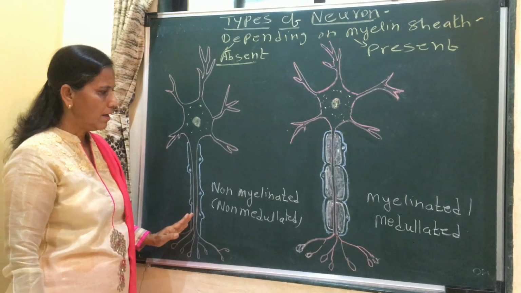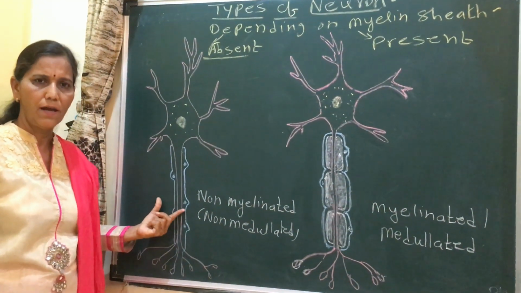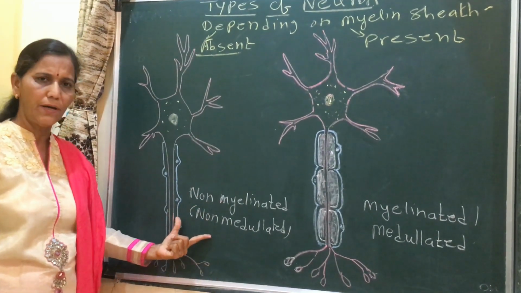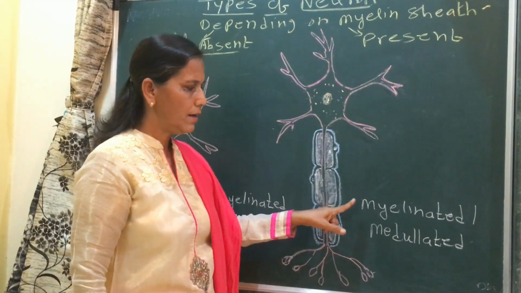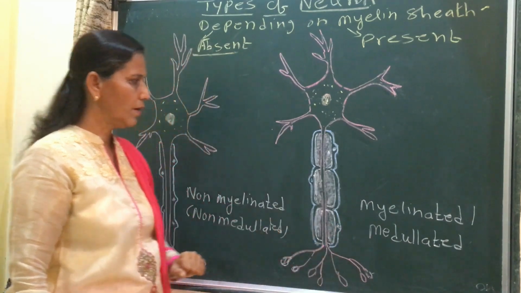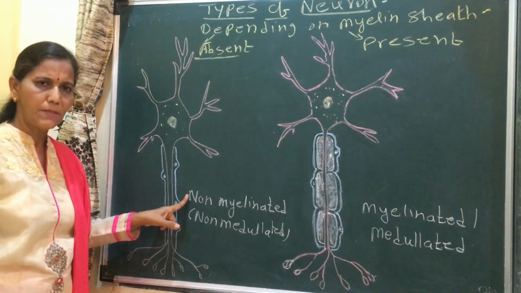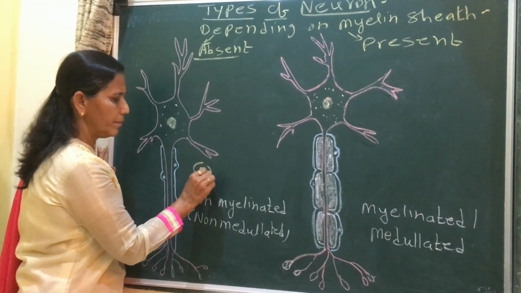Here the myelin sheath is absent, and such a neuron is called a non-myelinated or non-medullated neuron. If the myelin sheath is present, that neuron is called a myelinated or medullated neuron.